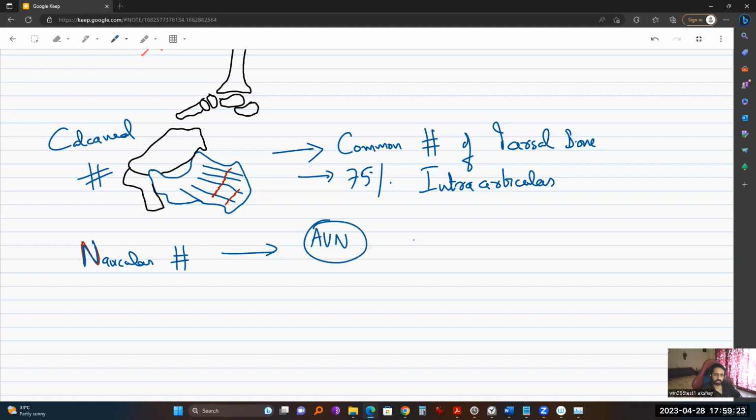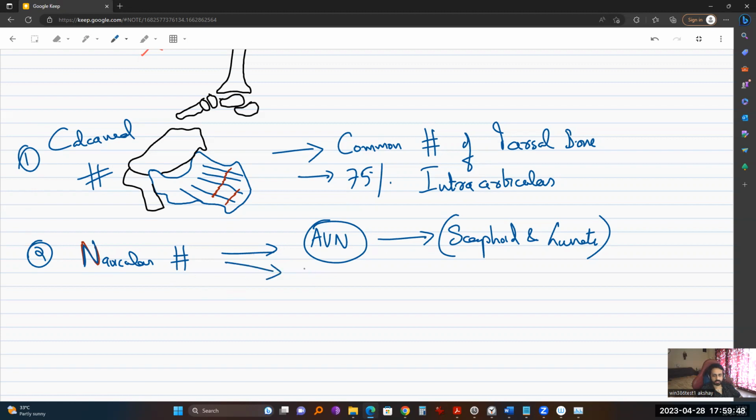In the wrist, usually it's the scaphoid. Similar to that, in the tarsal bones in the leg, the navicular bone commonly undergoes avascular necrosis. And this fracture is very commonly seen in runners, almost exclusively seen in runners, other than trauma.